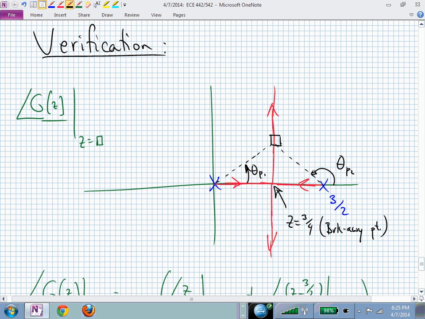Now, can we just keep going? We don't want to go outside the unit circle, do we? We're still inside the unit circle at 3/4, but if we cranked up the gain too much, we're going to leave the unit circle. And that's going to give us this finite region of values of gain K for stability.